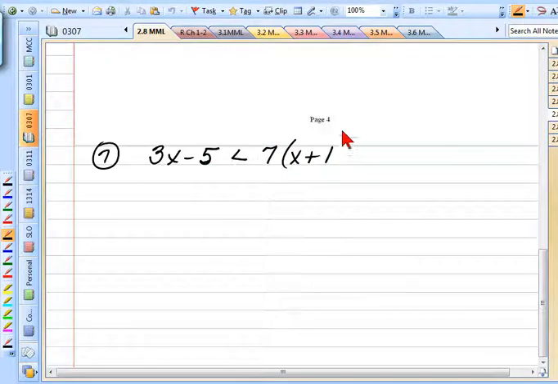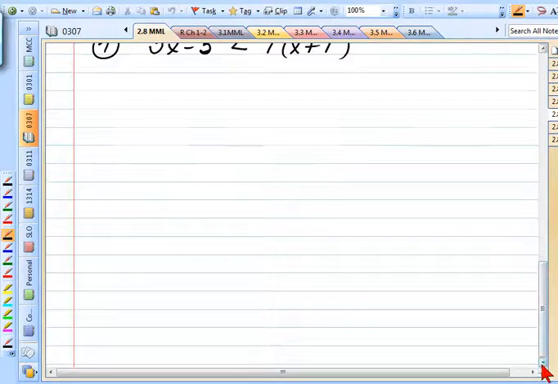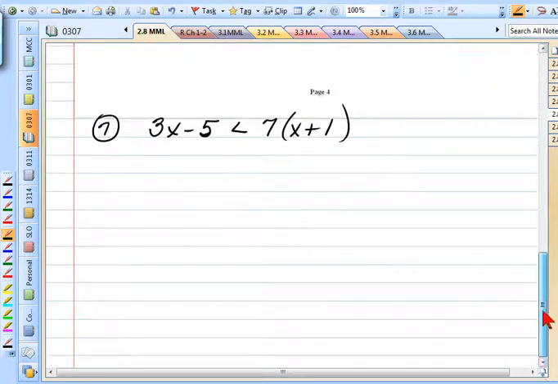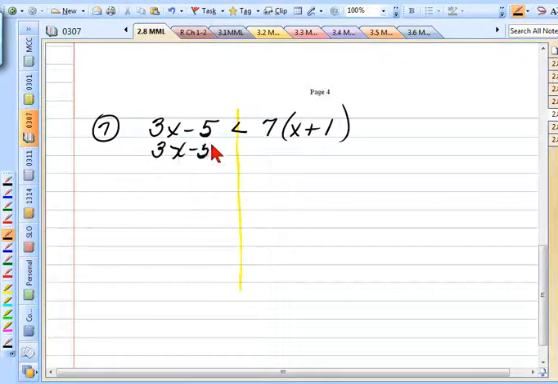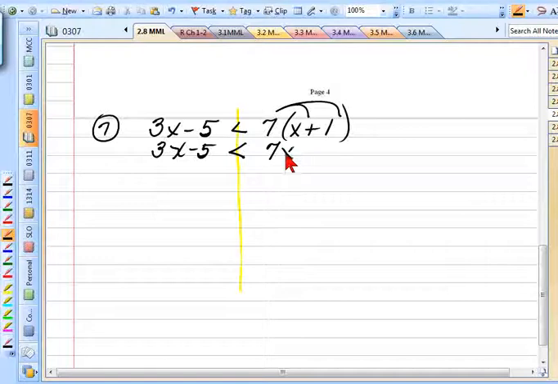Okay, what's your first step? Right, I need to simplify, and on the right-hand side, I can use the distributive property. So I'm going to keep 3x minus 5. I'm going to keep a less than. 7 times x is 7x, and 7 times 1 is 7. Okay, what's next? Subtract 7.